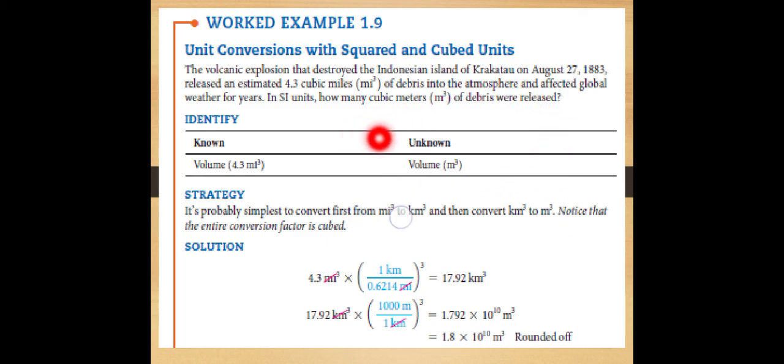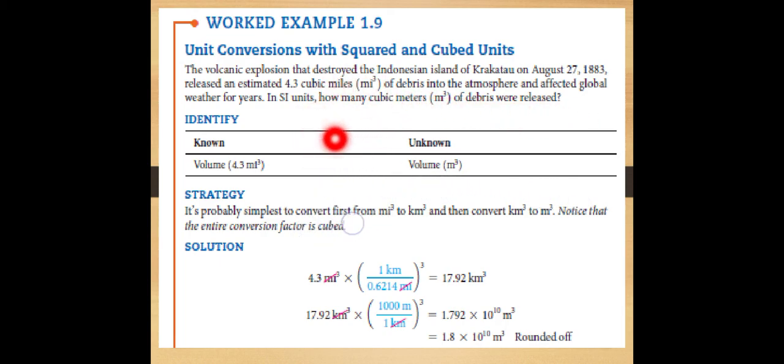Then again there is some difficulty when we have to convert something that is in cube or squared. How do we do unit conversion with square or cube units? For example, there is an estimated 4.3 cubic miles of debris thrown into the atmosphere that affected global weather for years. How many cubic meters of debris were released?